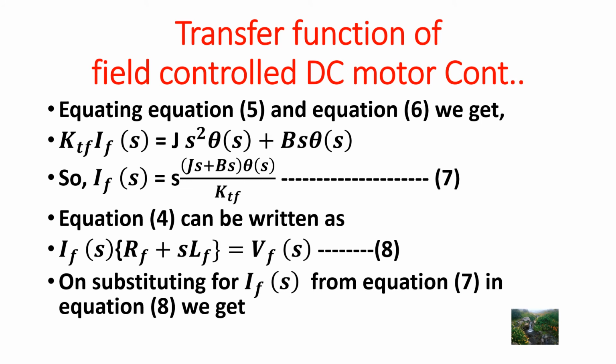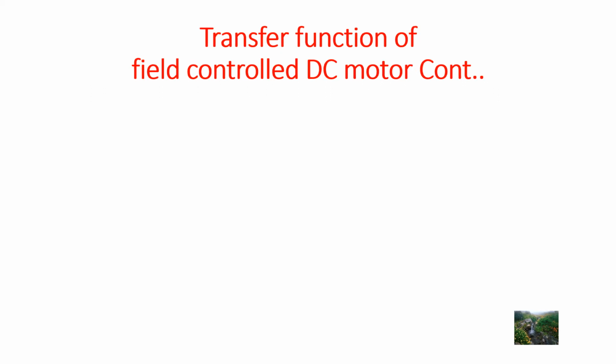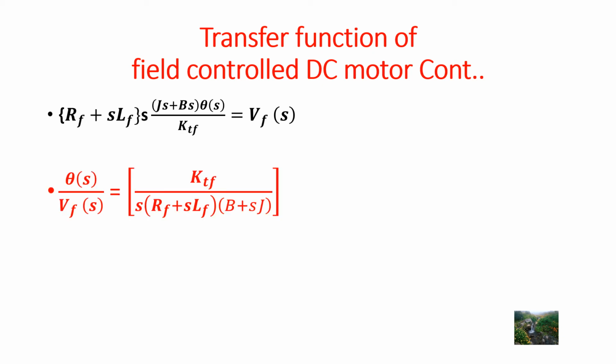On substituting for I_f(s) from equation 7 in equation 8, we get (R_f plus sL_f) s (Js plus B) theta(s) divided by K_Tf is equal to V_f(s). That is, theta(s) divided by V_f(s) is equal to K_Tf divided by s (R_f plus sL_f)(B plus sJ).